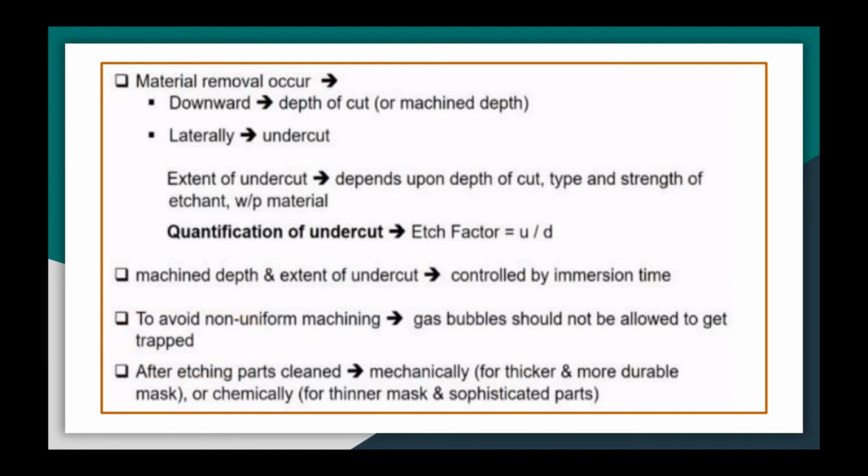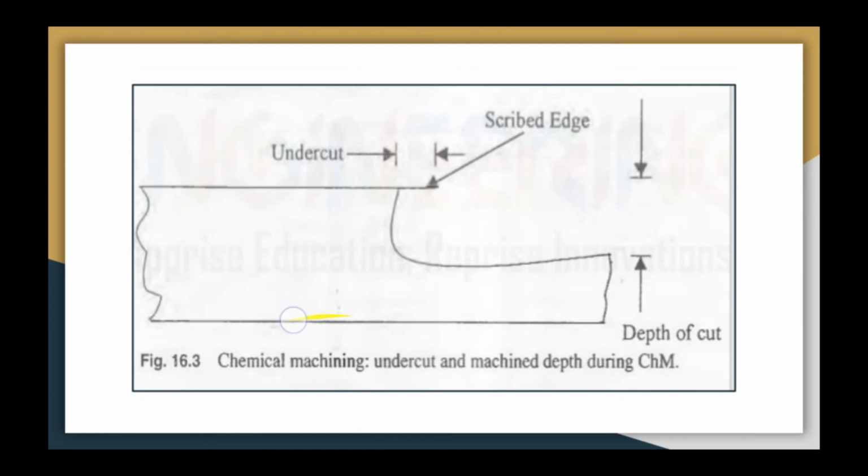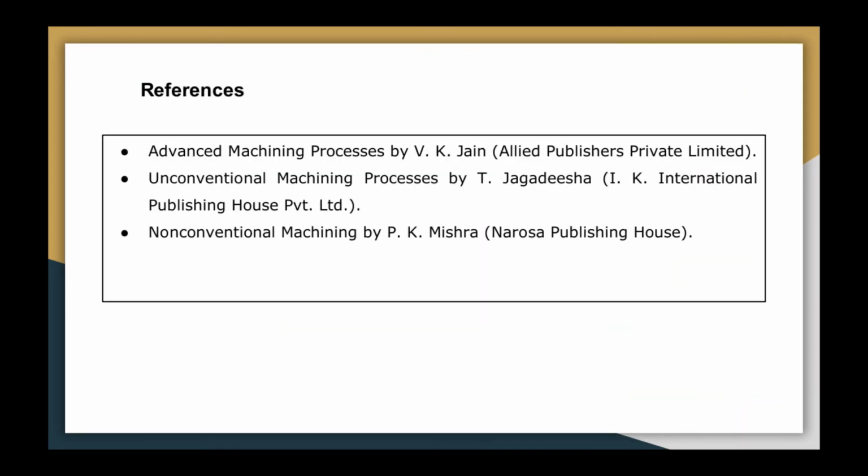And after etching, the parts should be cleaned, either mechanically or chemically. So this is about the chemical machining process. The remaining part about this process we will discuss in the next lecture.